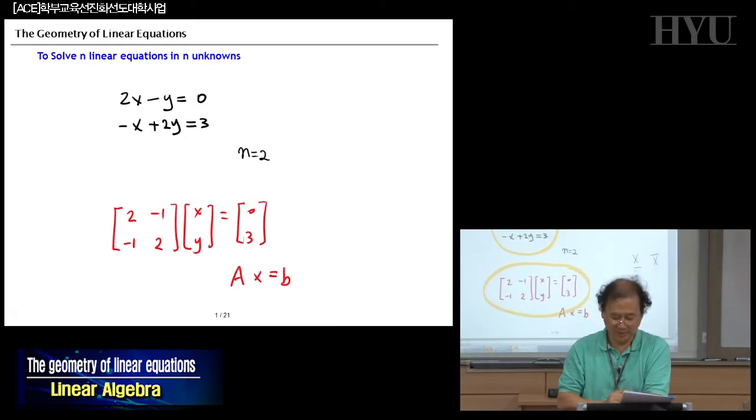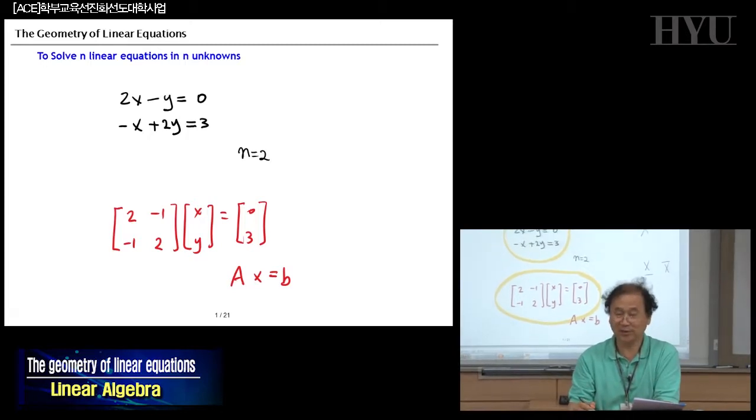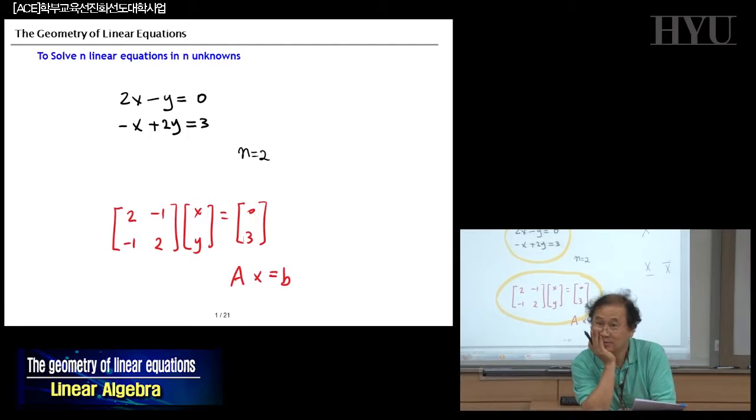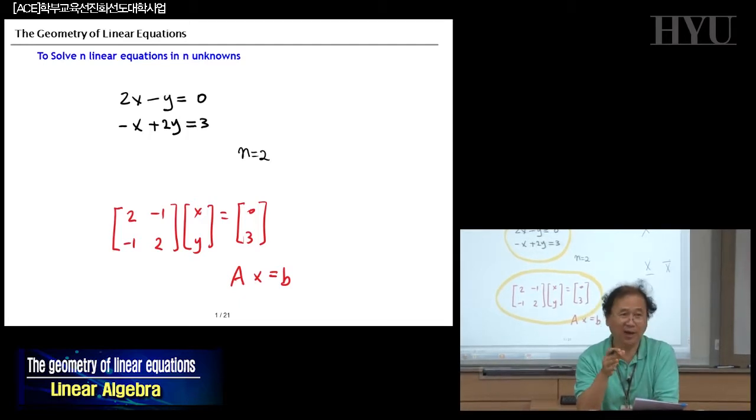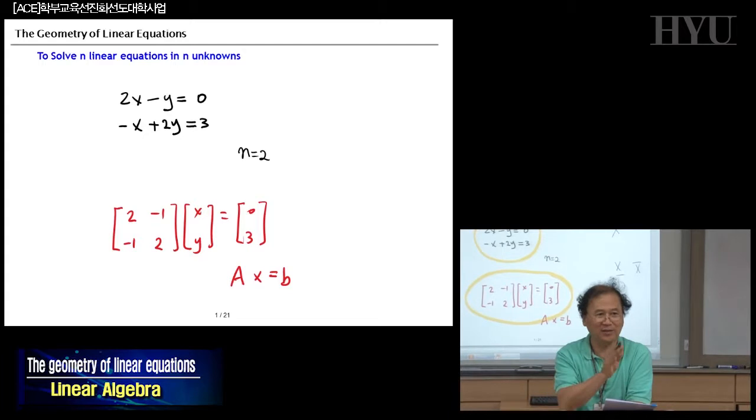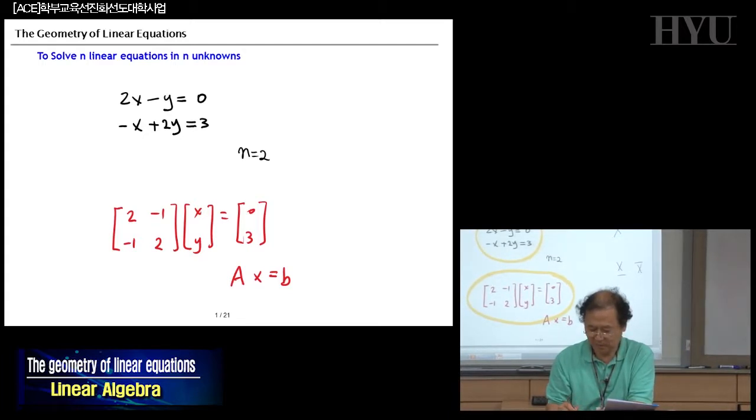For this class, I'll ignore these hats or bars. But in context, we'll understand what is a scalar and what are vectors, right? So sometimes you can say this A, more or less bold, is a matrix. Sometimes we say x and b are vectors, right? So this is a very simple notation for the equation.